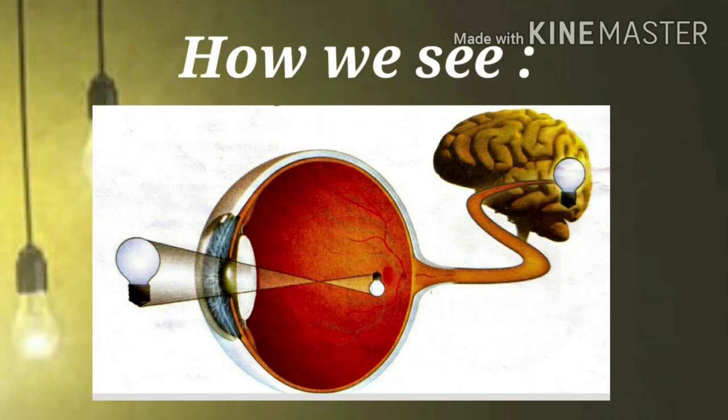The rod and cones of the retina convert the image into electrical impulse, which are taken by the optic nerve to the brain. The brain interprets the impulse and we are able to see. So this is how the eye helps to see the object around us.